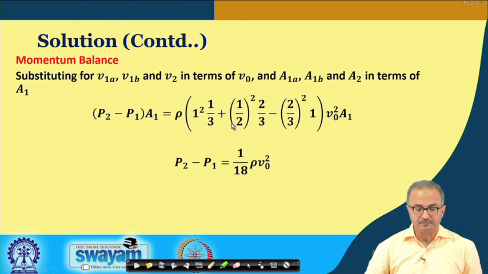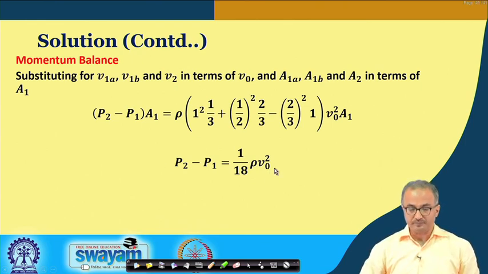Okay. Now, we substitute the values of V1a, V1b, V2 in terms of V naught, and A1a, A1b and A2 in terms of A1. Once we substitute all these values, we get an expression for the pressure difference between point 2 and point 1 in terms of V naught. So, this is our final solution.